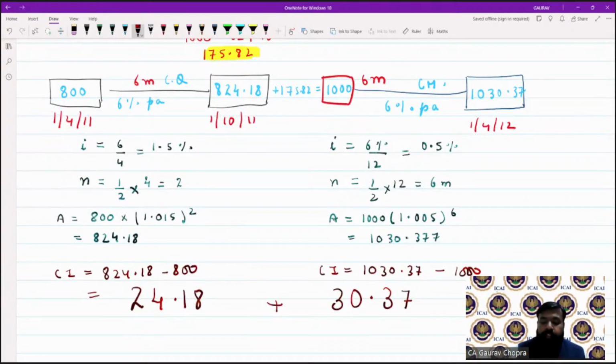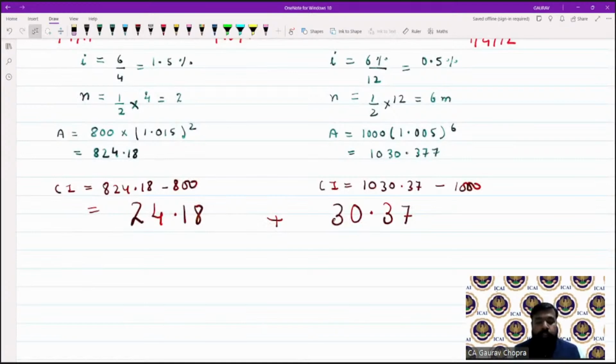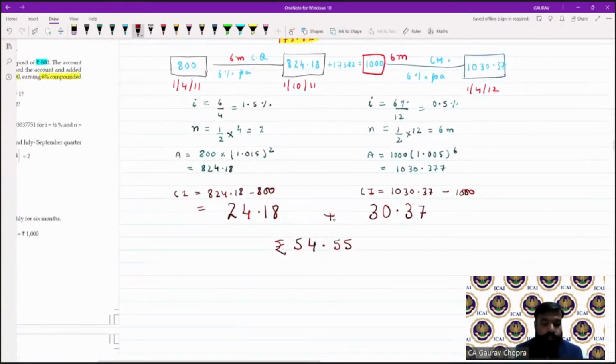Now after adding, we are getting 54.55. This is the total interest earned. Okay. So in this way, we have solved the complete question. The question had 3 parts and we have calculated all 3 answers.